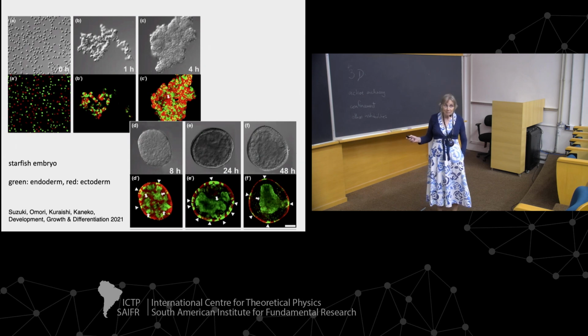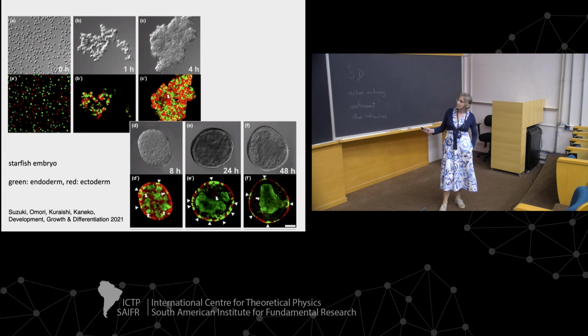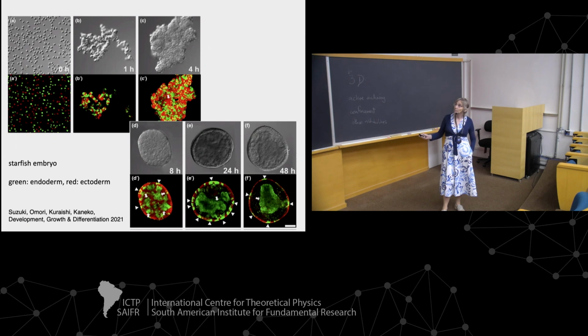If you just leave them there, they will undergo microphase separation, and then they will organize themselves into this proper starfish embryo again. Somehow these cells are able to get from there to there with no help whatsoever. I think that's absolutely amazing, and I don't understand it.